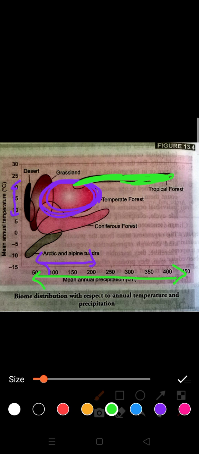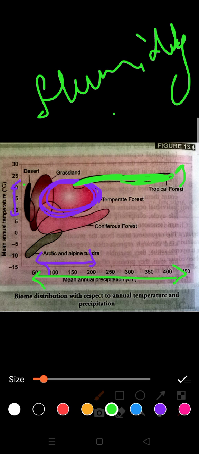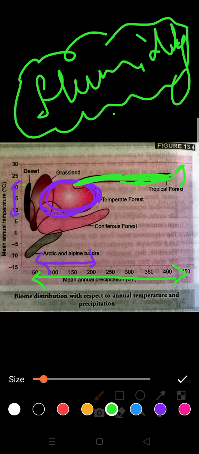Rainfall is so much, but temperature is also very high. It means they have the best humidity. Such rainforests especially come in tropical forest areas. Here rainfall is more and temperature is also very high, so humid climatic conditions form in this biome. If you count all these biomes together, it forms the biosphere of earth. I hope this is clear.